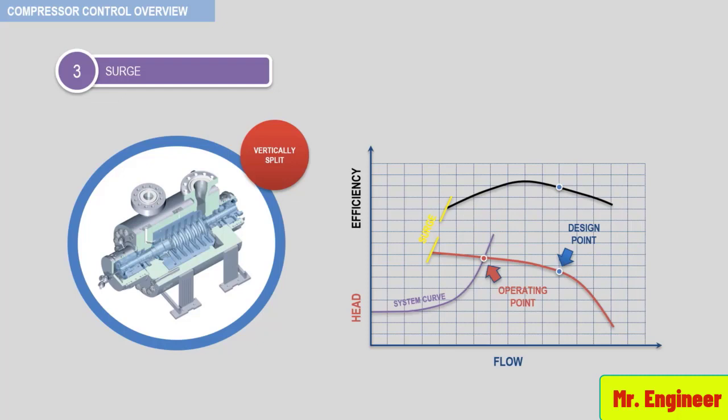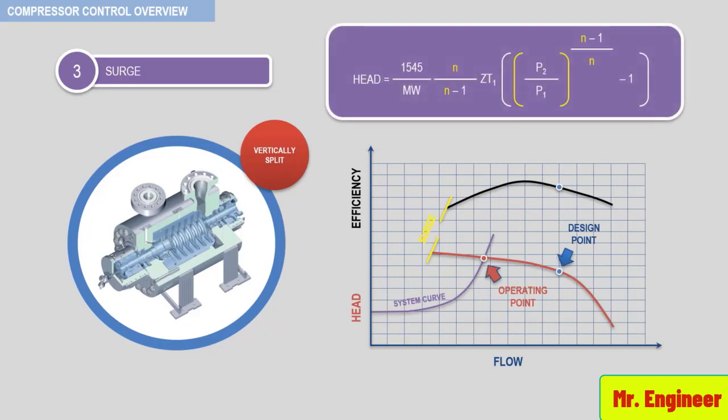And the fastest way to reduce the head required by any process system is to reduce the discharge pressure. Since, if you recall, the discharge pressure and the head are linked by the following formula. So as you can see here, if you reduce the discharge pressure, the head required by the process system will be reduced.